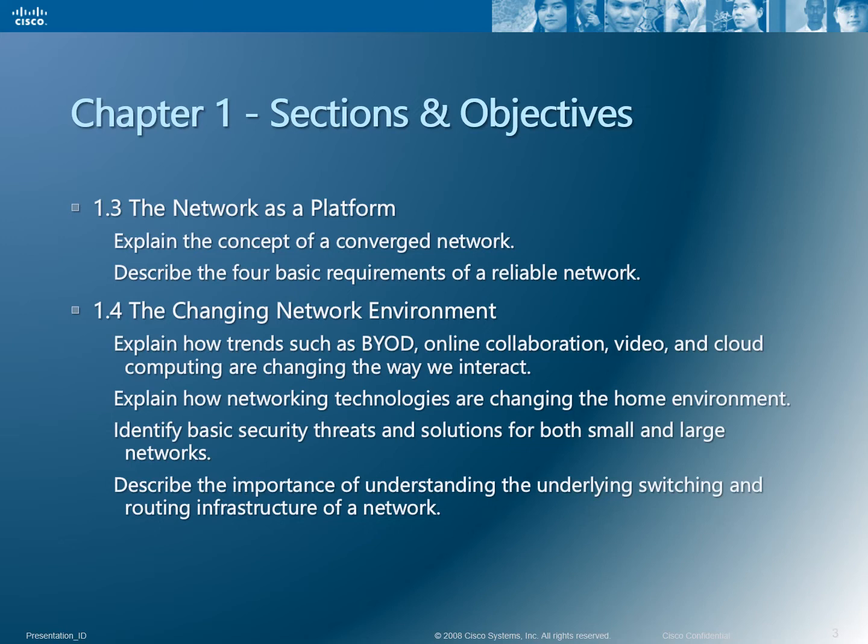We have to exist in a much more isolated configuration, and this means that we rely more than ever on these infrastructures. We're going to look at how network technologies are changing the home environment even beyond the ways that I was just talking about, maybe not something as quote-unquote serious as working from home, but how do we make it easier to keep track of when we're running out of milk?